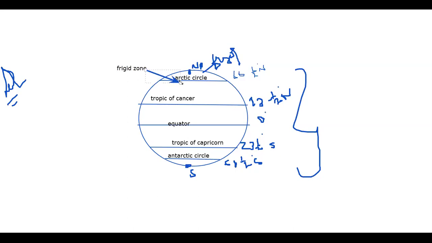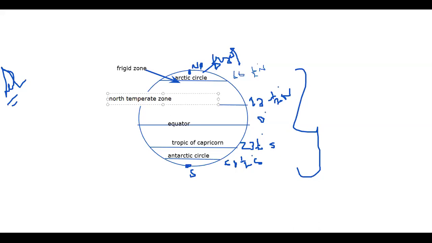This region. Then I have the region between my Arctic Circle and the Tropic of Cancer, which is referred to as the North Temperate Zone.